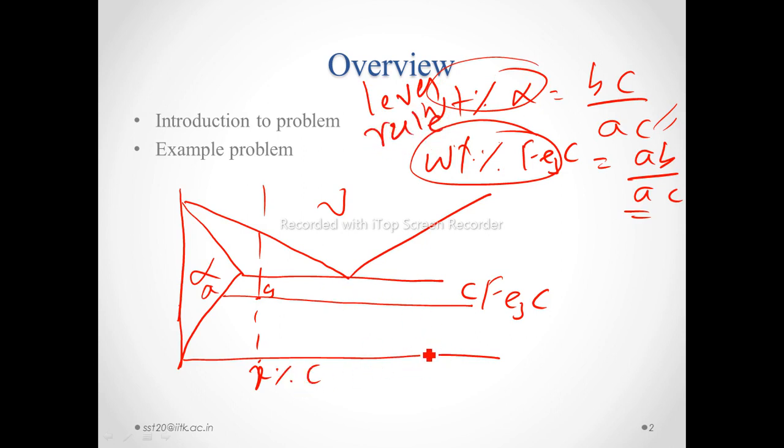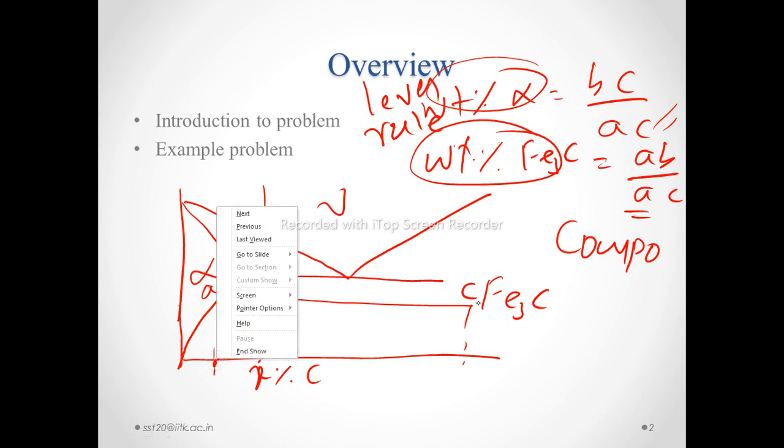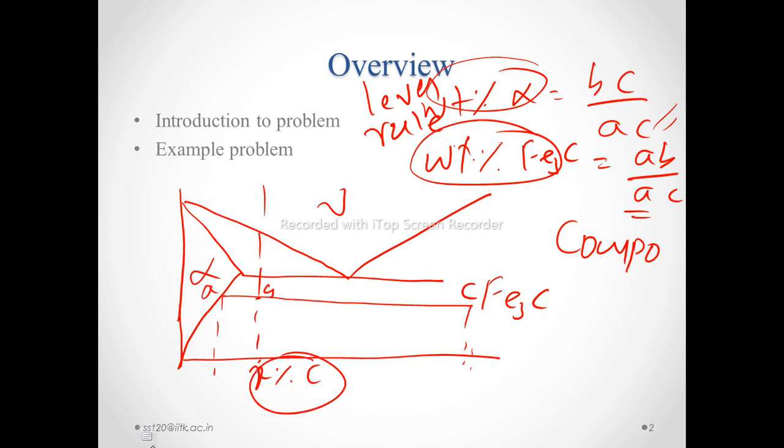Next is composition, which is found only by drawing a straight line on this diagram. So this is the composition of alpha ferrite and this is the composition of cementite in this alloy. This is the basic equation.